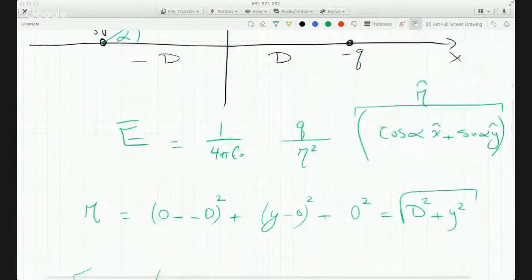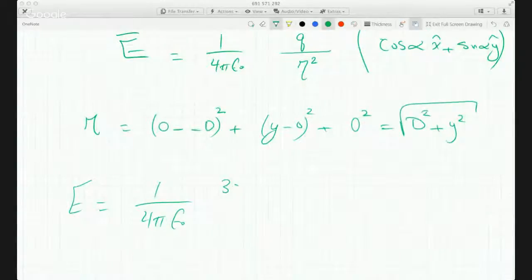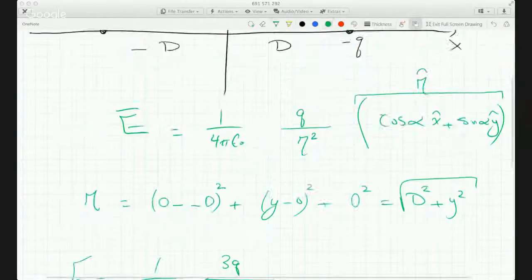So q is 3q over that squared, which is just d squared plus y squared.